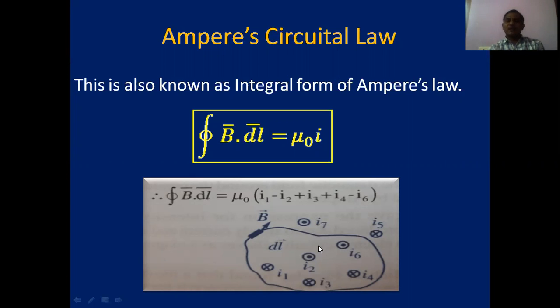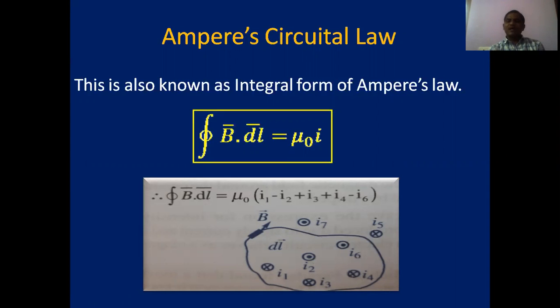Here I1, I3, I4 and I5 are denoted as cross symbol. I2, I6, I7 are denoted by the dot symbol. Dot symbol represents that the current is perpendicular to the plane of the paper in the outward direction.